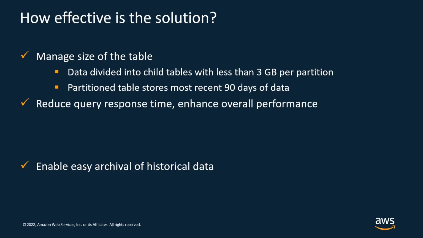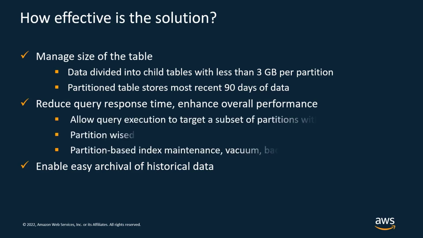That effectively helps us to control the size of the table. With proper construction of queries to include a time range in the search conditions, we are able to get effective partition pruning to reduce the amount of data a query needs to process in order to return results.